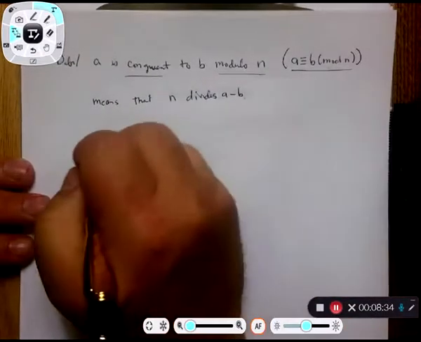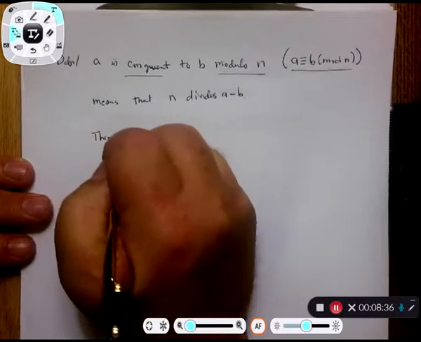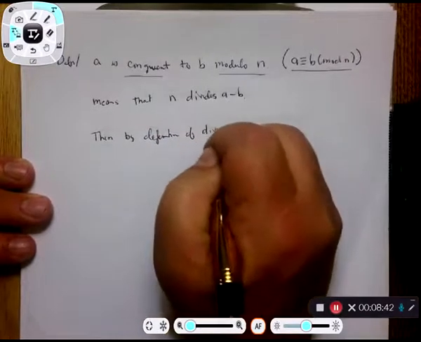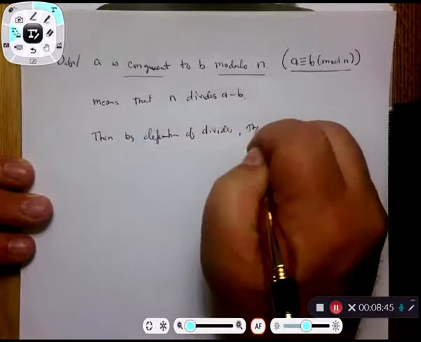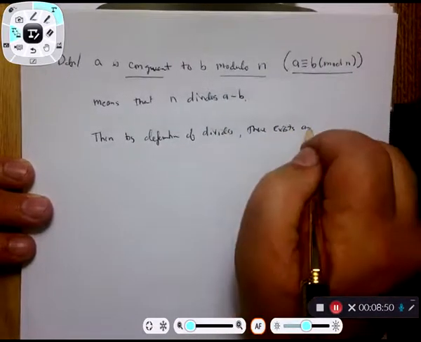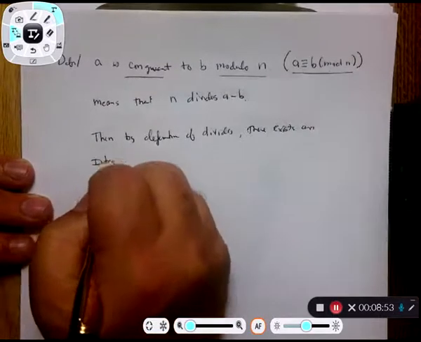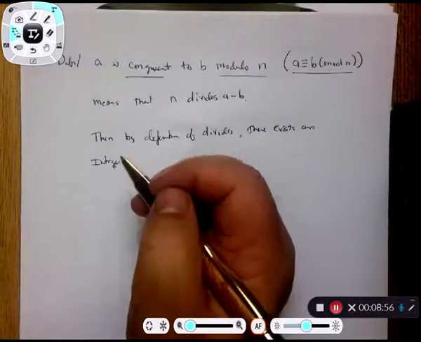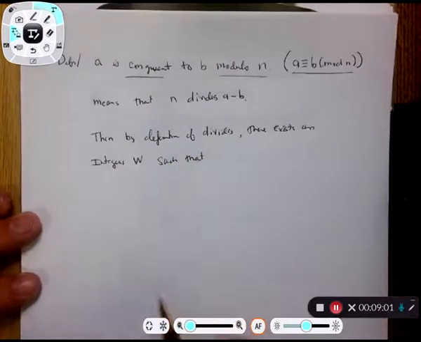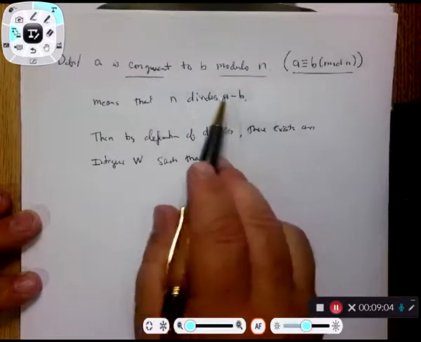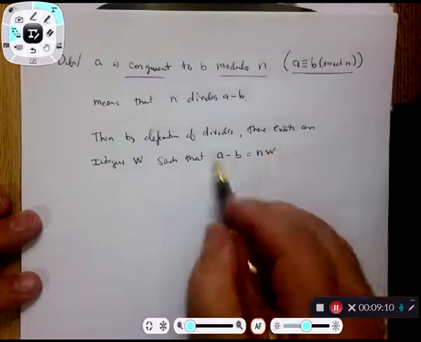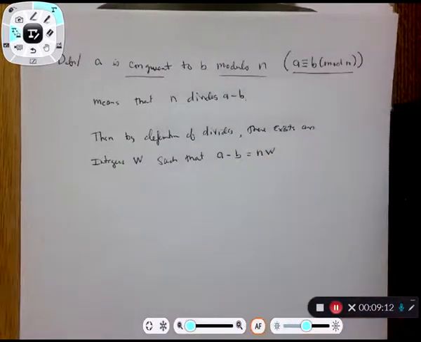Then, by definition of divides, there exists an integer, pick my favorite one I haven't used yet, W, such that we can write an equation: if n divides A minus B, then A minus B is equal to n times W. And there's your equation, and then you can manipulate your equation however you like.